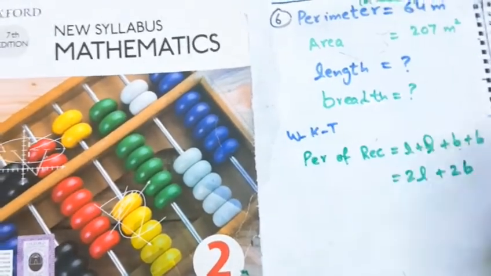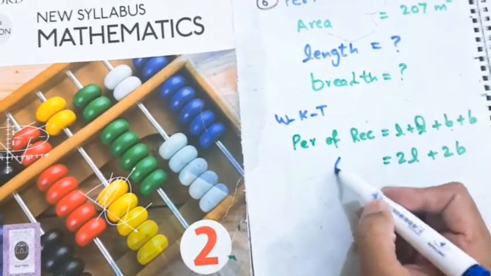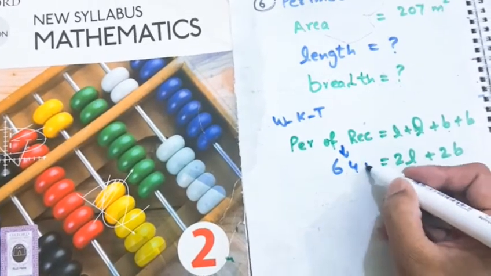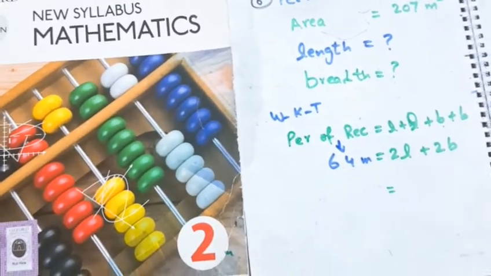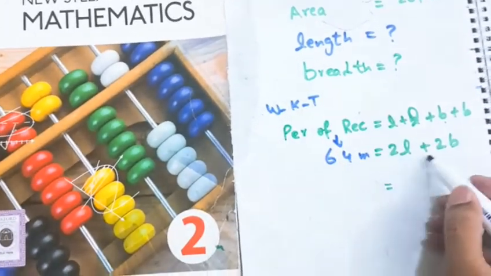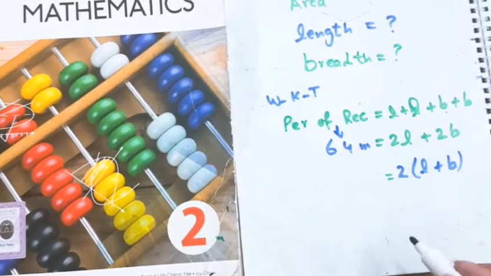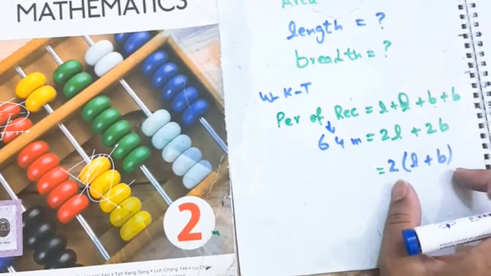But the perimeter is given as 64 meters. So we can write 64 meters just below this perimeter of rectangle. Now you can see 2 is common, so we can take 2 as common and L plus B shall remain in the bracket. So this is another simplified form of the formula.